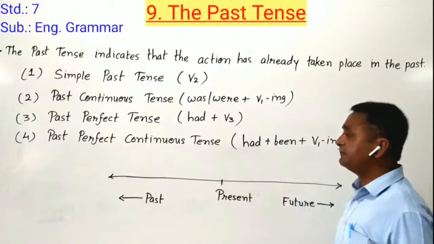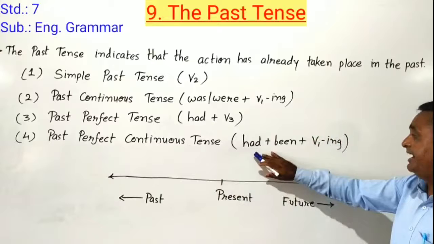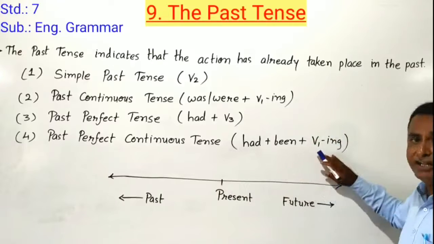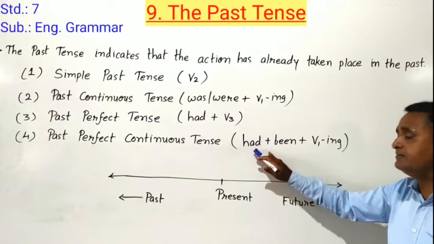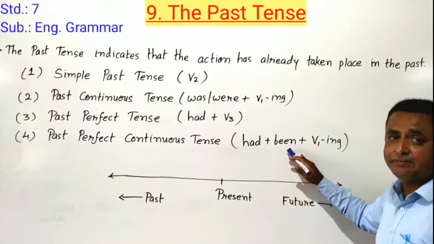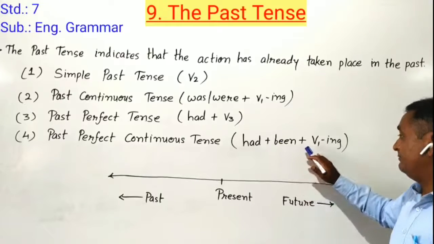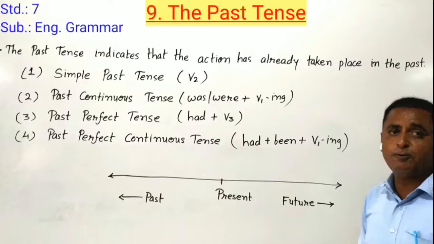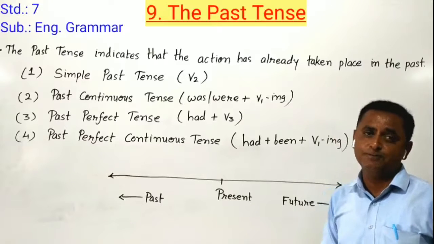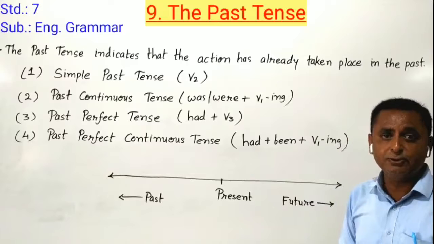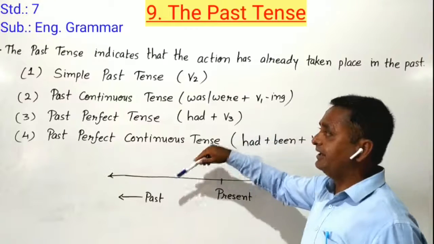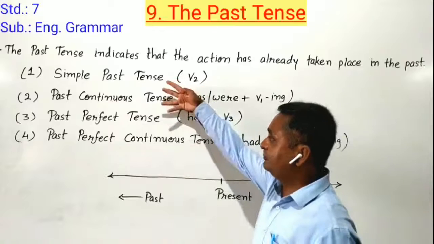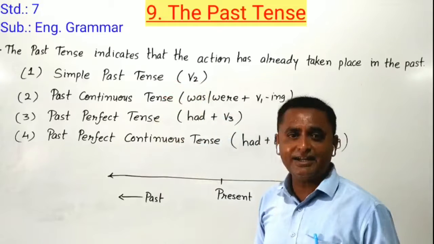Structure of past perfect continuous tense is had plus been plus V1 ing. So here we have to use had as a helping verb plus we have to put been, B-E-E-N, and we have to use V1 ing form, present participle, here. So students, in this lesson we have to study these four tenses.